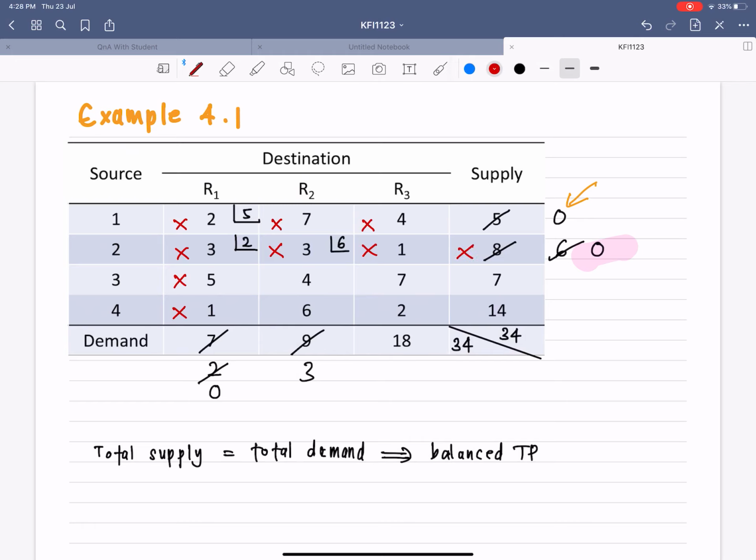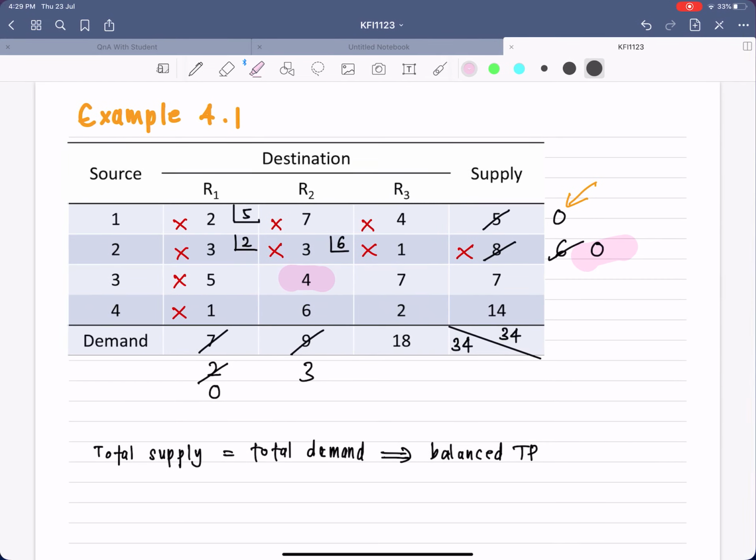Okay, next. The remaining cells are only these 4. Among these 4, this one is the northwest. This value is located at the northwest corner, so we will choose this cell as our northwest corner.